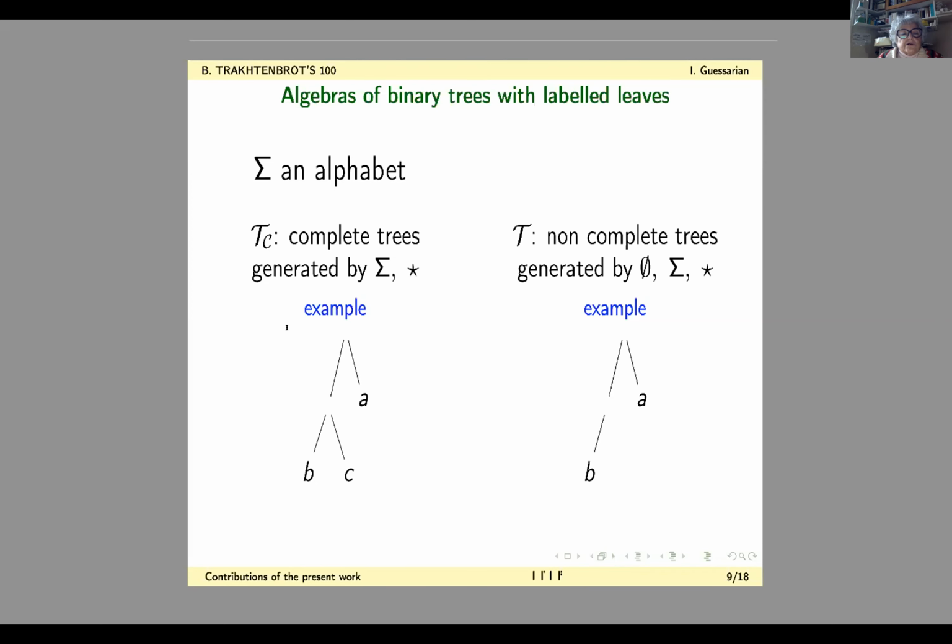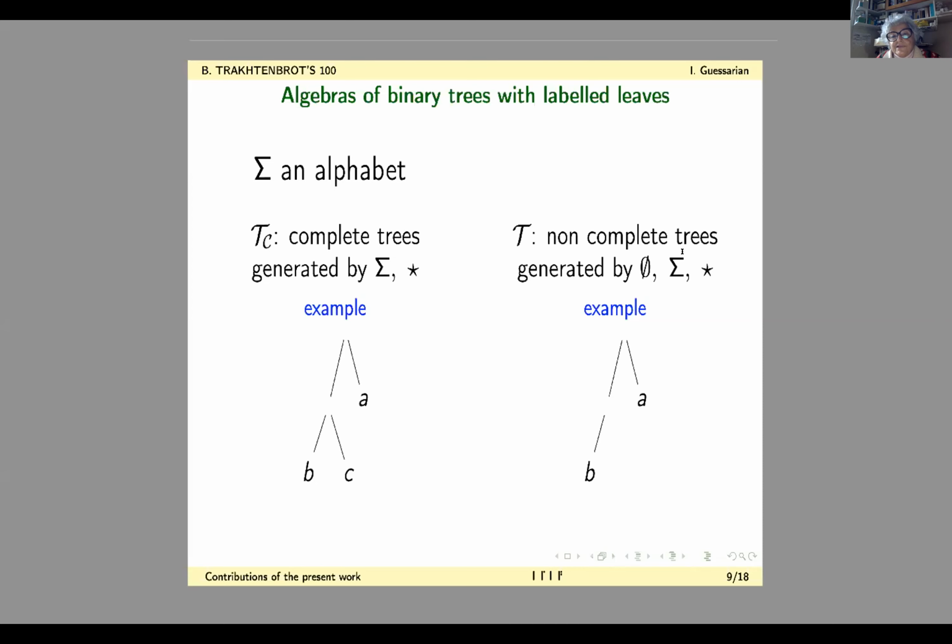My trees are binary, and they have 2 variants. One, the complete trees, and they are finite. In the complete trees, each node has 2 successors or 0 successors. And the leaves are labeled by elements of sigma, not the internal nodes.